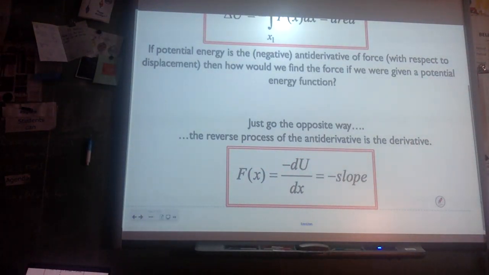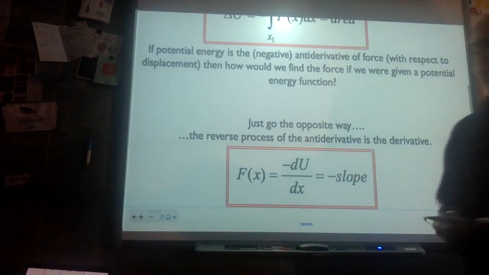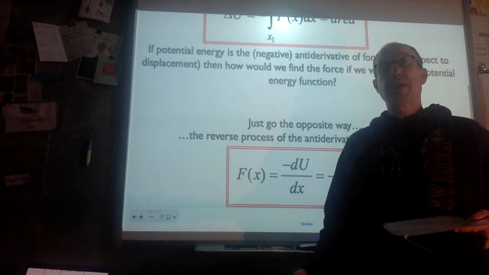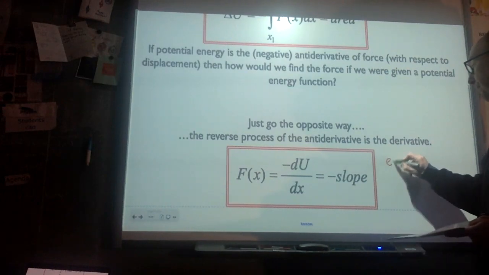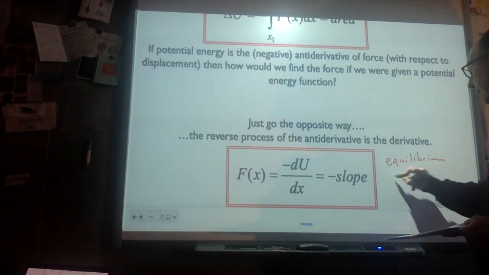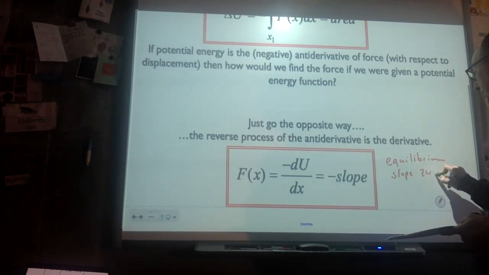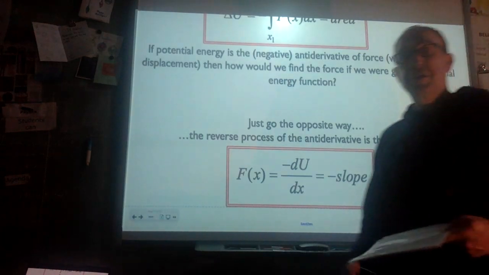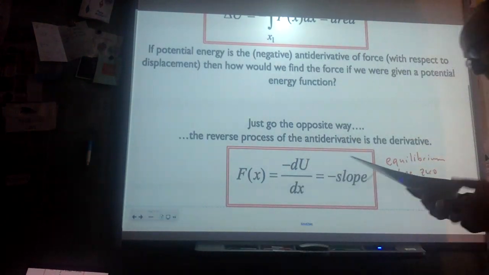And I know that when I'm talking about derivatives, I am talking about slopes, because they're going to ask us about places where we have equilibrium, and equilibrium is going to be a slope of 0. So slopes of 0 should be easy for us to pick out when we have these potential energy curves.